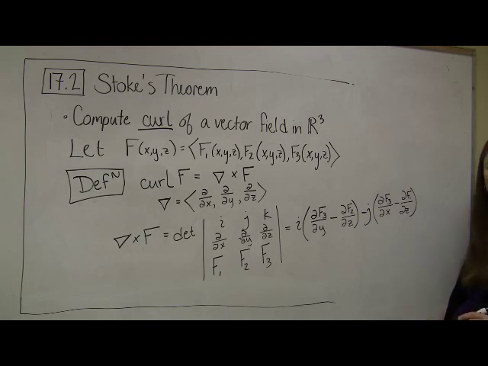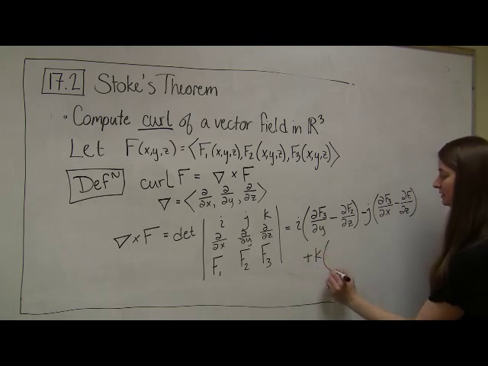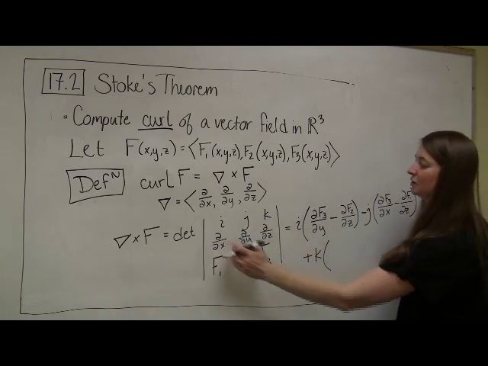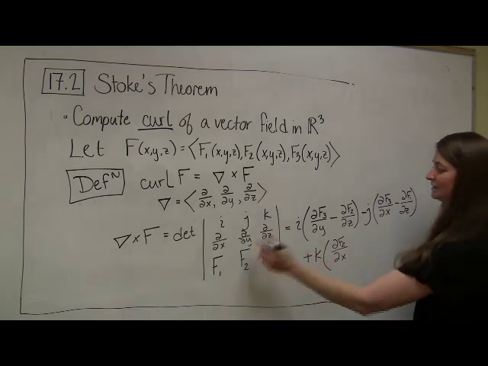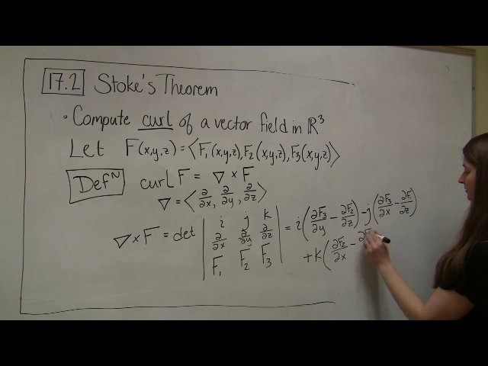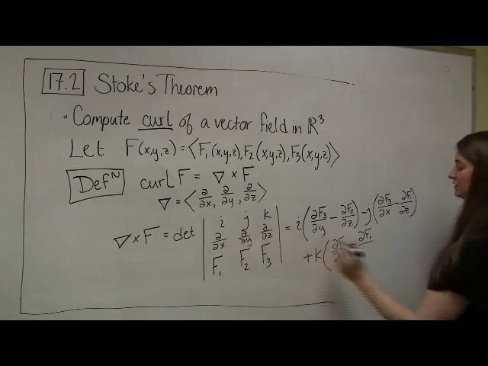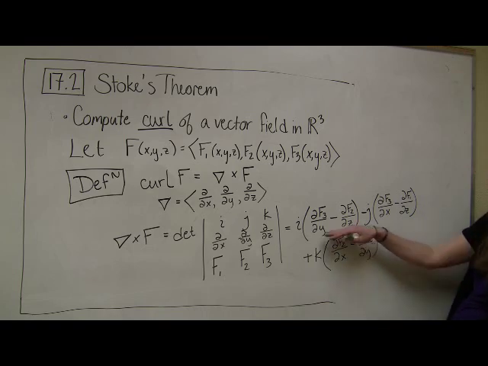And I'm running out of room, so I'm going to skip on over to the next line. My final component of this determinant is going to be my kth component. And in this case, my kth component is the partial derivative of f2 with respect to x minus my partial derivative of f1 with respect to y.